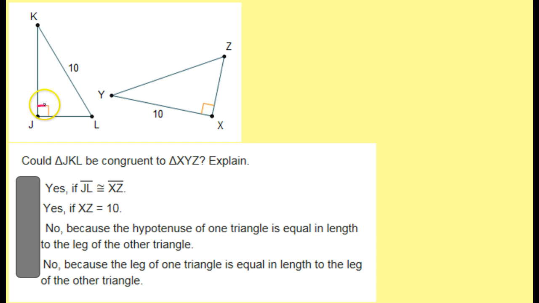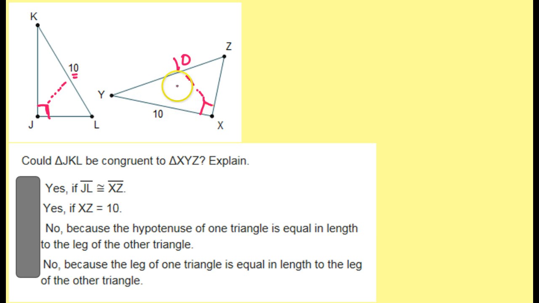Look where the 90-degree angle is, and the one side we know is the 10. On this triangle, across from the 90-degree angle is a side of length 10. If these were congruent, it would be the same story on the other triangle. Across from the 90-degree angle, I would have a 10.